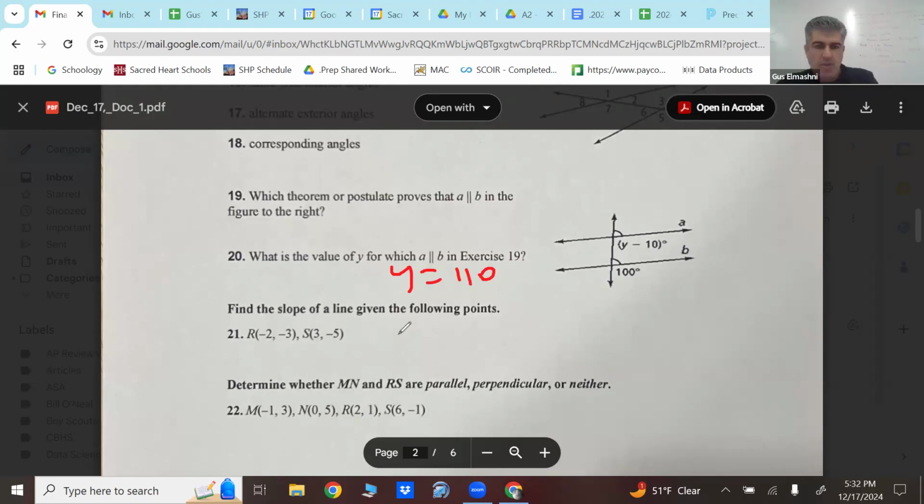Slope is you take the change in Y over the change in X. So you get negative 2/5, I think.